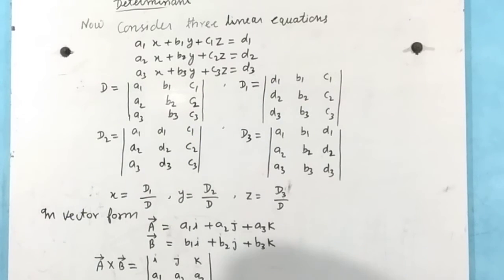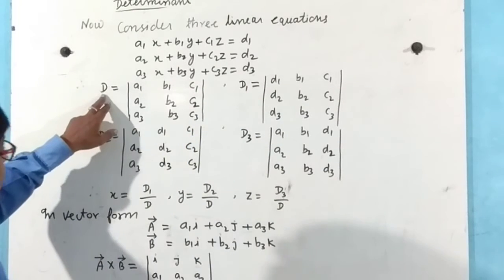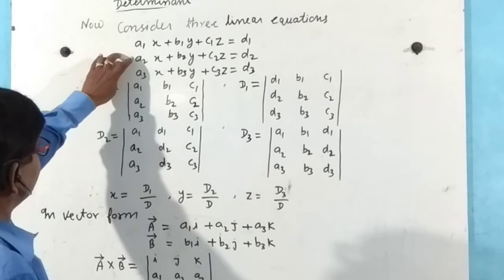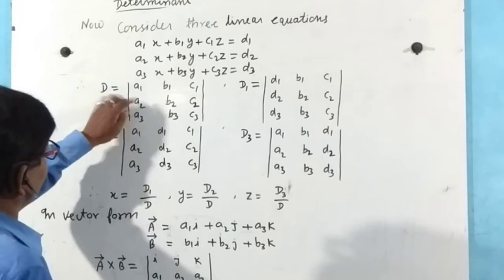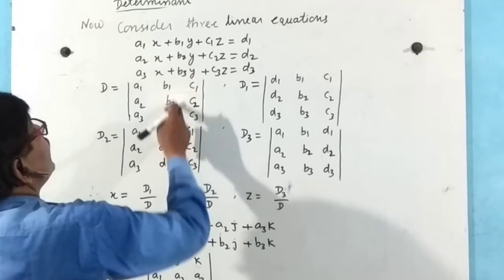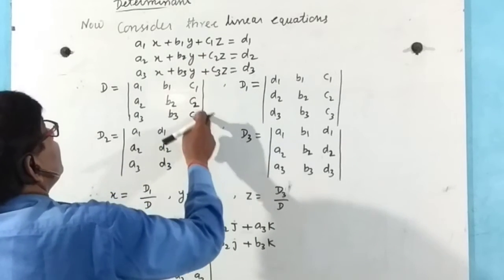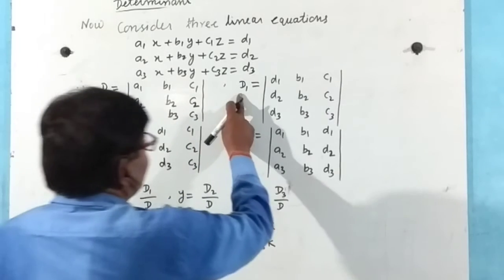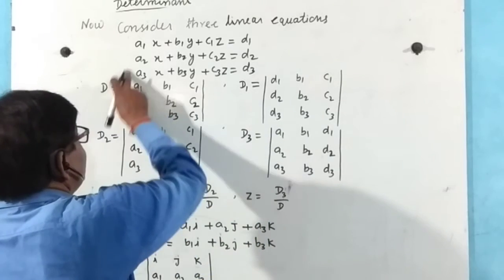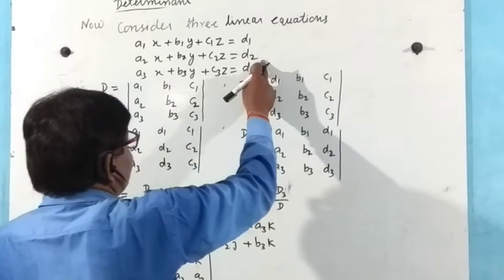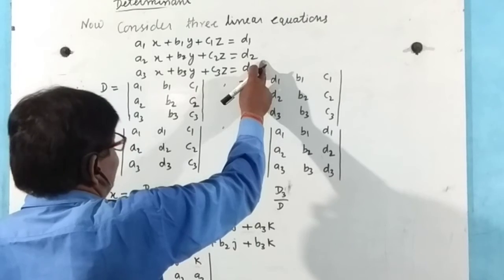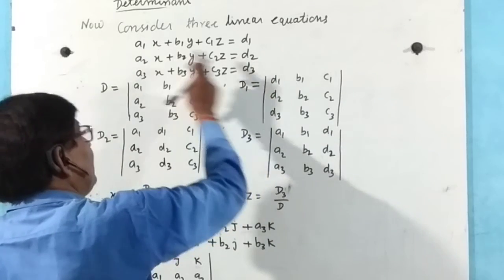Now it can be written in determinant form with rows a1, a2, a3, b1, b2, b3, c1, c2, c3. D1 is a1, a2, a3 replaced by d1, d2, d3, so with the help of this we calculate the value of x.